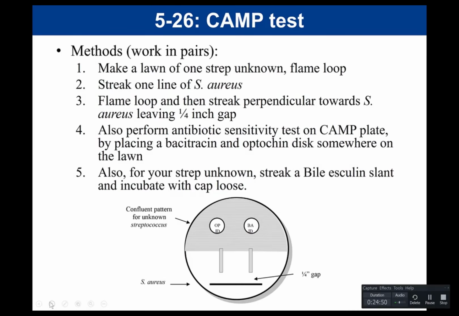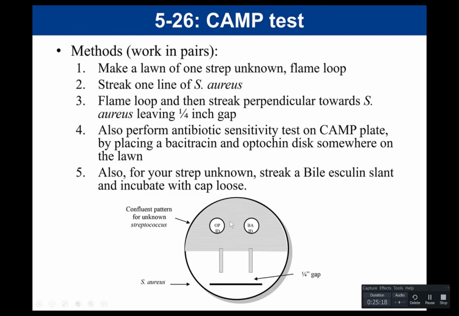When we talked about the setup for this, you have to realize this was more than just the CAMP test. We did multiple tests on the same plate. You take your loop and make a lawn over approximately half of your plate.